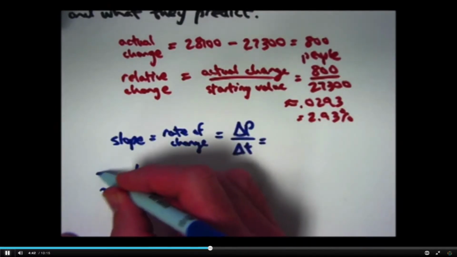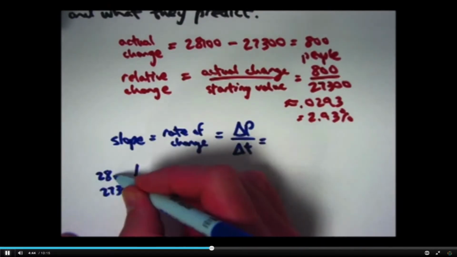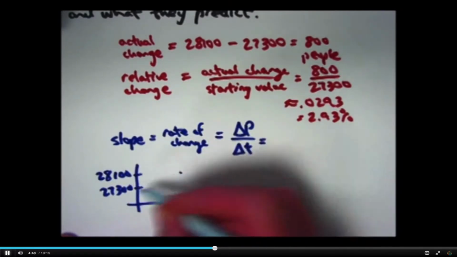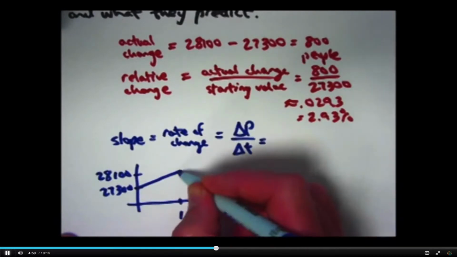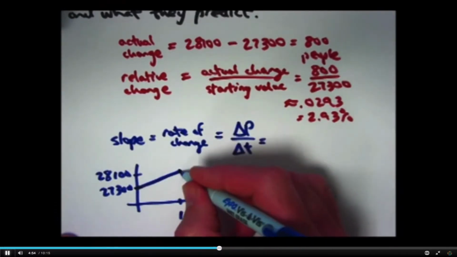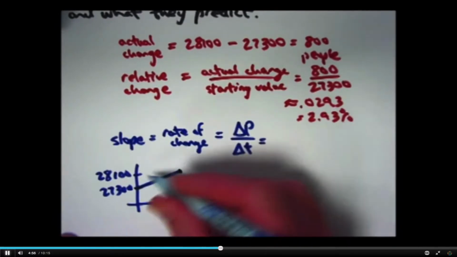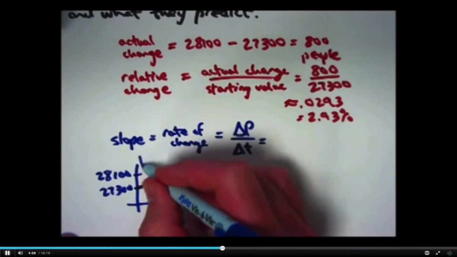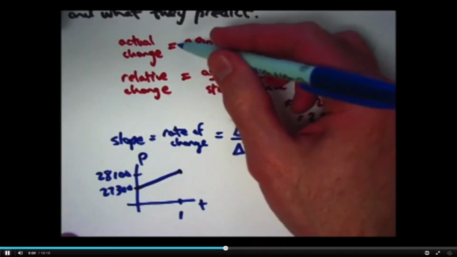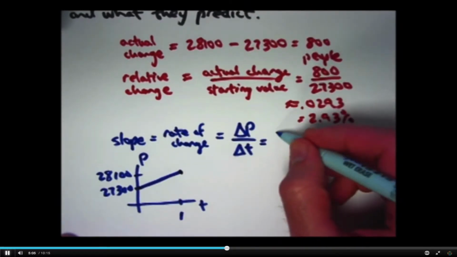Just realize that. At time 1, you're up to 28,100. The graph of a linear function is straight. That's why we call it linear. It's a line. And the rise is given by the change in P. 28,100 minus 27,300. In other words, the actual change in the population, in this case because it's over 1 year.